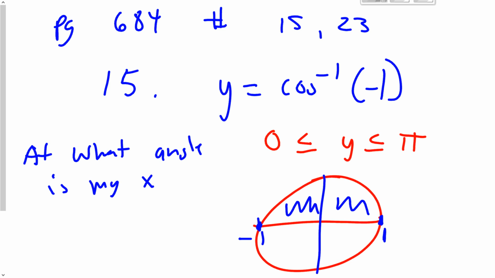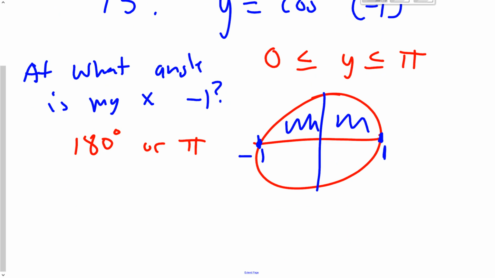Later, we won't be looking at the unit circle, we'll be looking at right triangles so that we do have r. But in this case, since -1 is on our unit circle, we can just think about the x plane. So at what angle is my x -1? That would be 180 degrees, or pi.